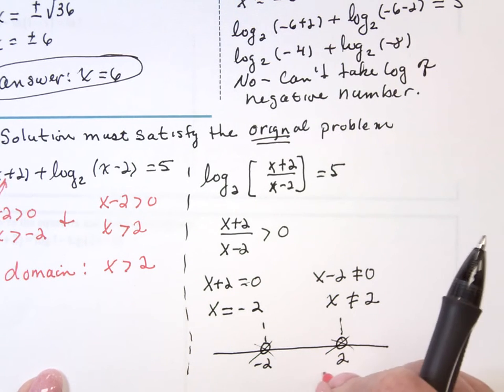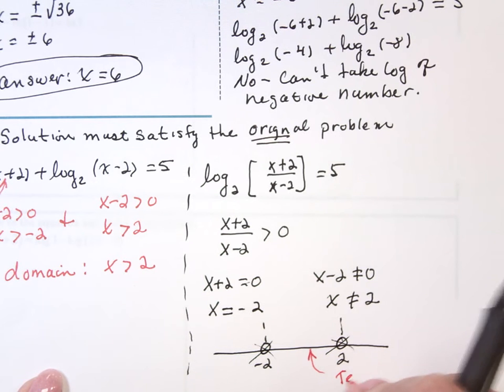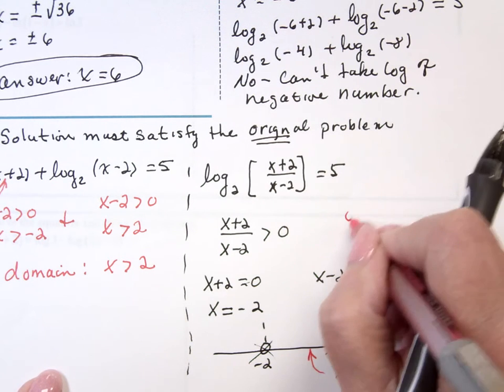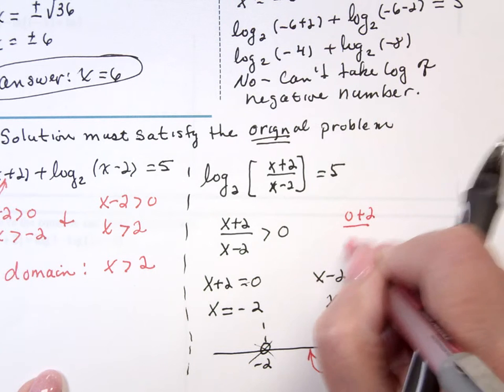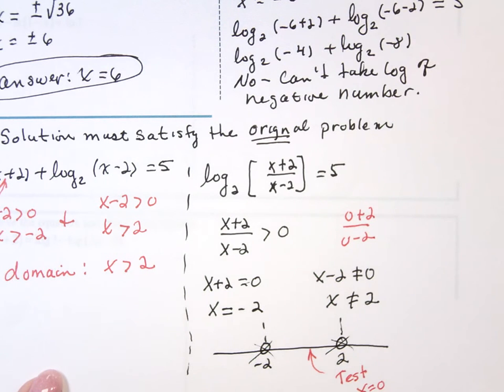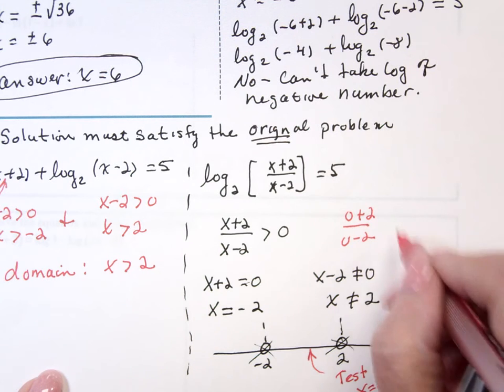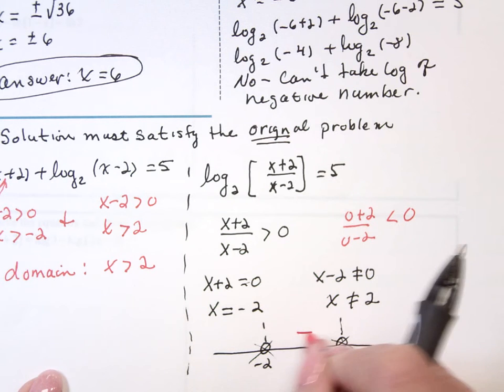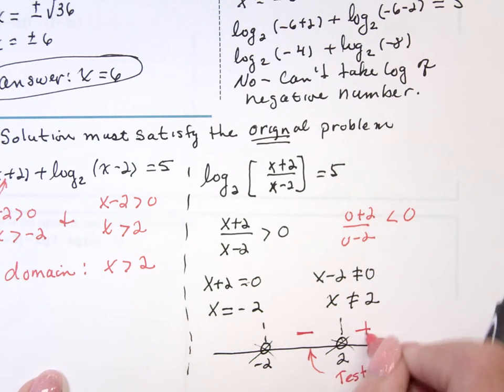I'm going to pull a test point, namely x equals 0. And what do we have? Is 0 plus 2 over 0 minus 2 positive or negative? Negative. Cross positive, cross positive.